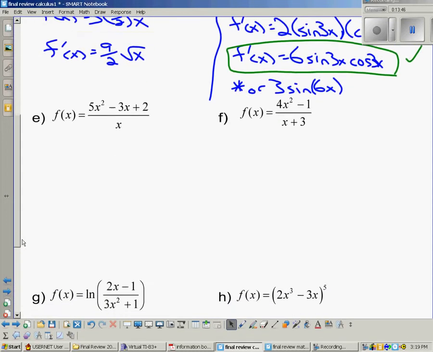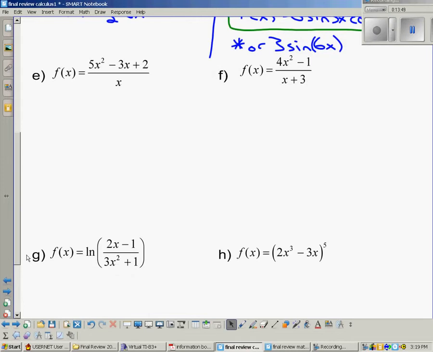All right, next one. Harder to miss the quotient rule. So here we can use quotient rule because we've got obviously a top and a bottom part. Since you've got a monomial on top, though, it might be easier to simplify this piece by piece. So 5x squared over x. Notice I'm not differentiating yet.